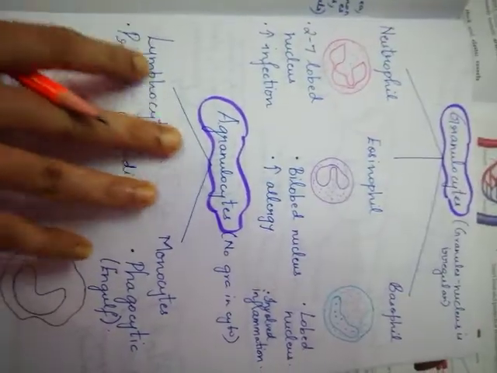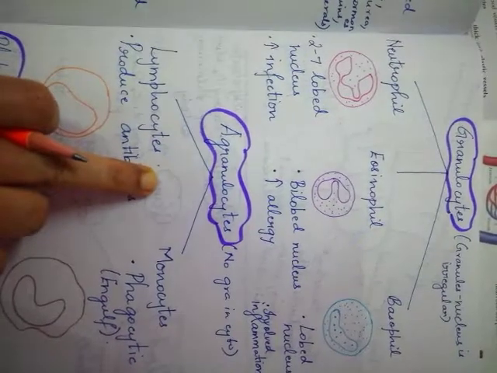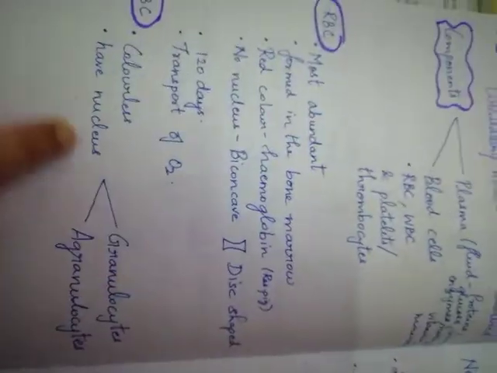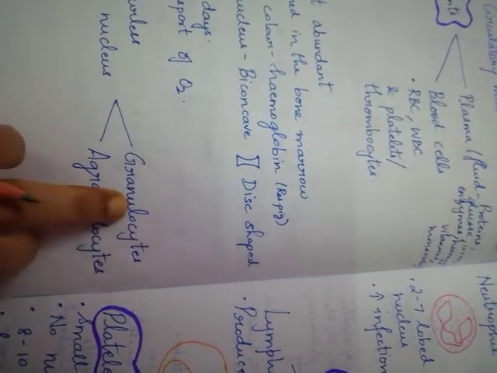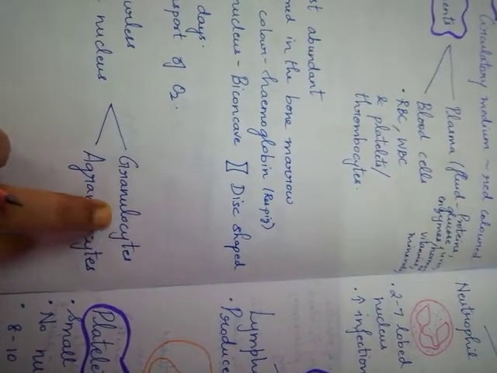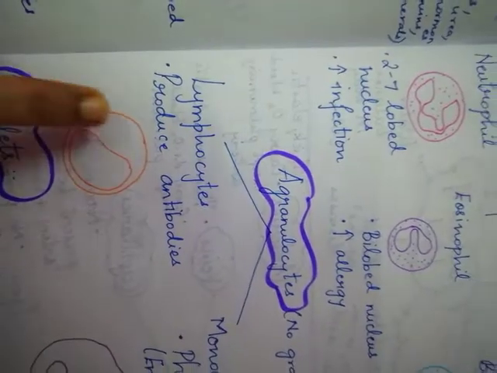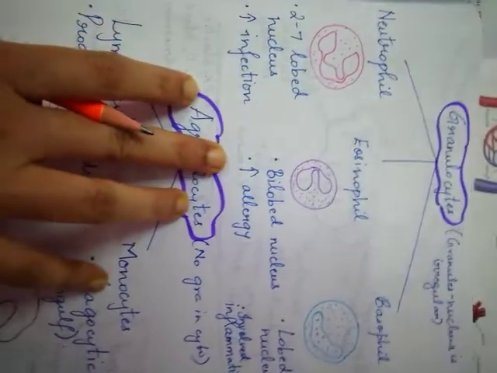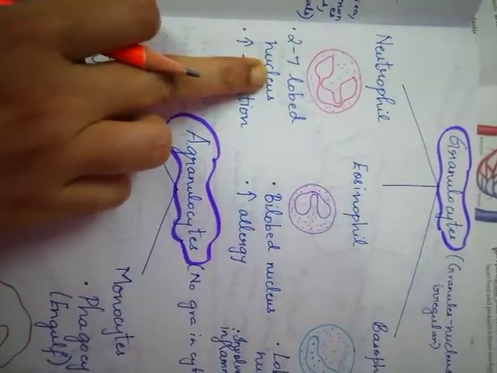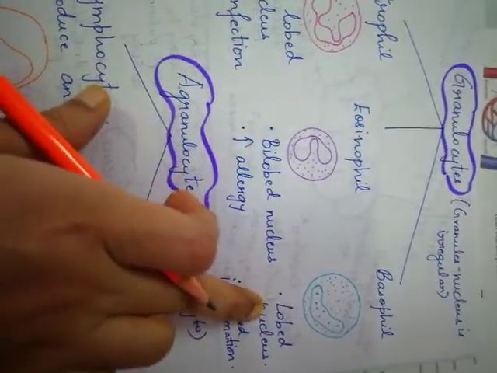So this is the difference between granulocytes and agranulocytes. So WBC has two types, granulocytes and agranulocytes. Granulocytes means granules will be present. Agranulocytes means granules will be absent in their cytoplasm. Okay, see, look here, granules are present in the cytoplasm, whereas here under agranulocytes, granules are not present in the cytoplasm. So under granulocytes you have three types: neutrophil, eosinophil and basophil.